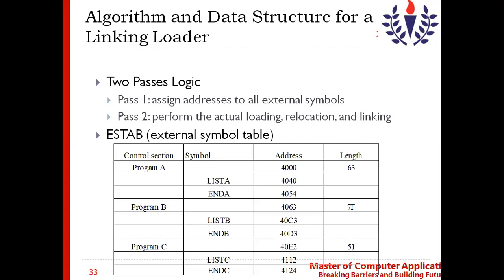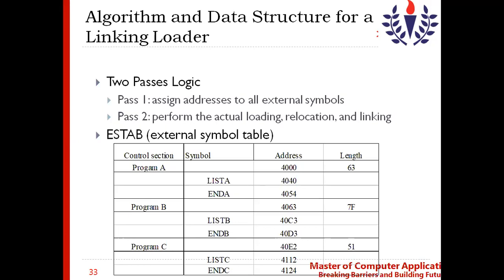If you look at the ESTAB content, we have program A, program B, and program C, and the corresponding values that give you the load address, and also a column for the length of the program. In the second column, which gives you the symbols, in program A we have symbols like LISTA and ENDA. In program B, we have symbols like LISTB and ENDB. And similarly for program C.